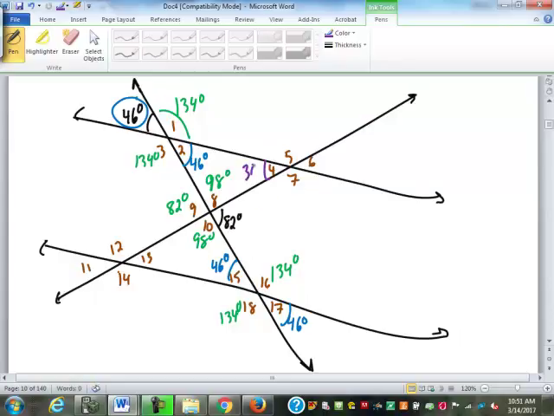Close. 36. Once that's 36, I know that this has to be 36. Anything else have to be 36? 11 and 13 are both 36. And then the rest of them have to be 144. It's amazing how little information you have to find everything on these.